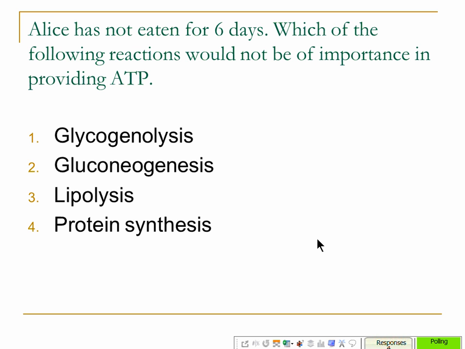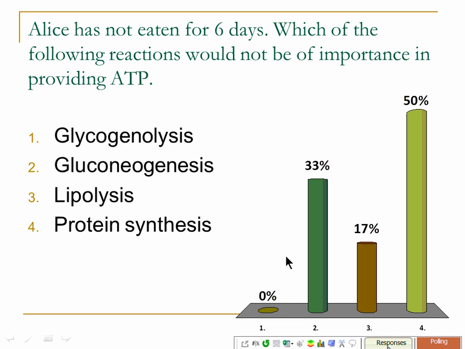Think about what the body is going to do at this time, and which of these the body is not going to do. Okay, the correct answer is number 4.